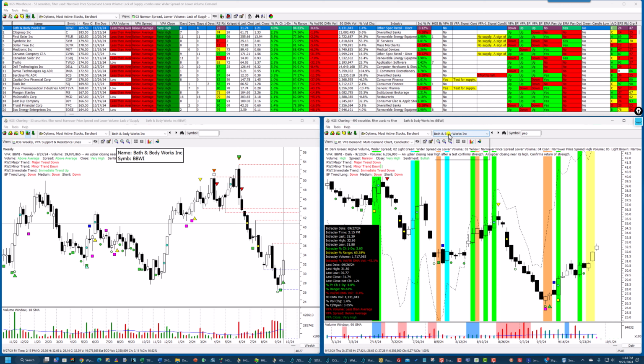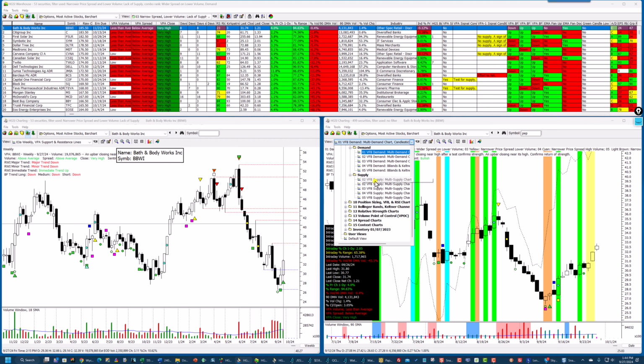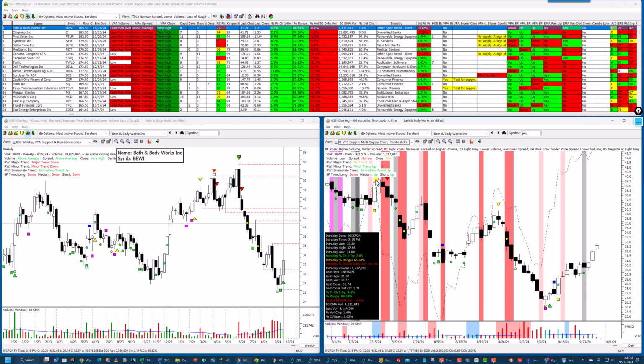Now I'm going to take a look at this chart, or this under the supply chart, and you can see that as it started falling here, there were no signals in here, but there was a dark rose signal here, which means that there was plenty of selling going on.